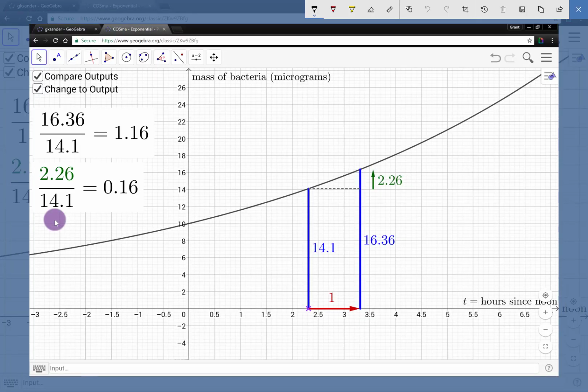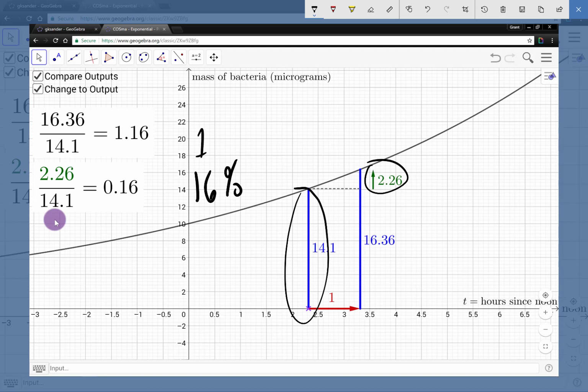The 0.16 can be thought of as 16%, where the change in mass is 16% of the initial mass. And therefore, we have a 1 hour percent change of 16%. It is common to report percent changes, and we can relate percent changes back to ideas of times as large as well as growth factors.